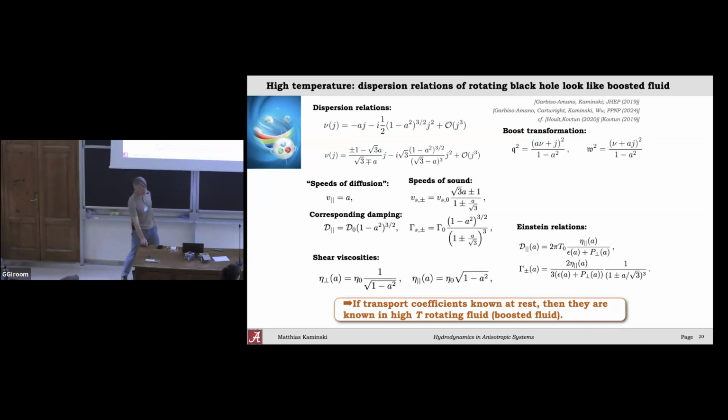In principle, you would think if you have a large sphere, like a black hole with a large radius, meaning a large temperature, and you zoom in on a small patch that lives on the horizon, moving in that direction at this instant while the whole sphere is turning, then locally this looks like a boosted fluid element. No, it's not quite that. It's a bit more complicated. Maybe there's a way to look at it that way, but we haven't found it. So there's an intricate way in which this happens.